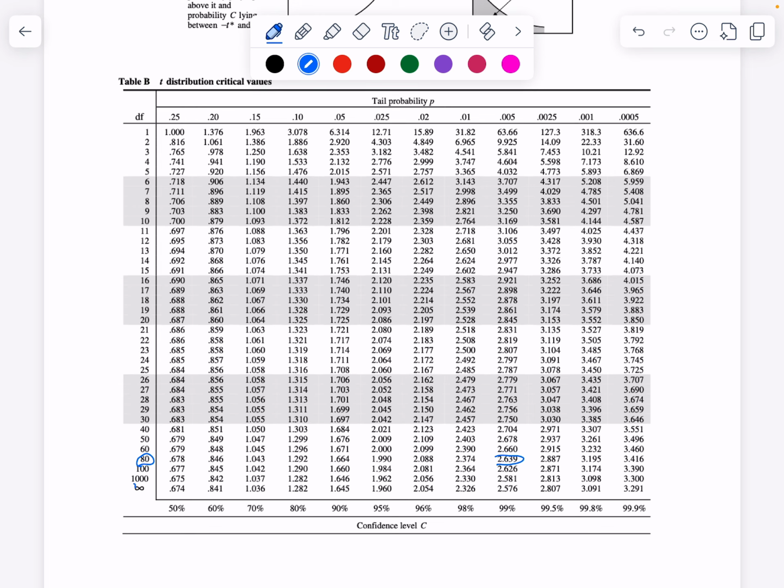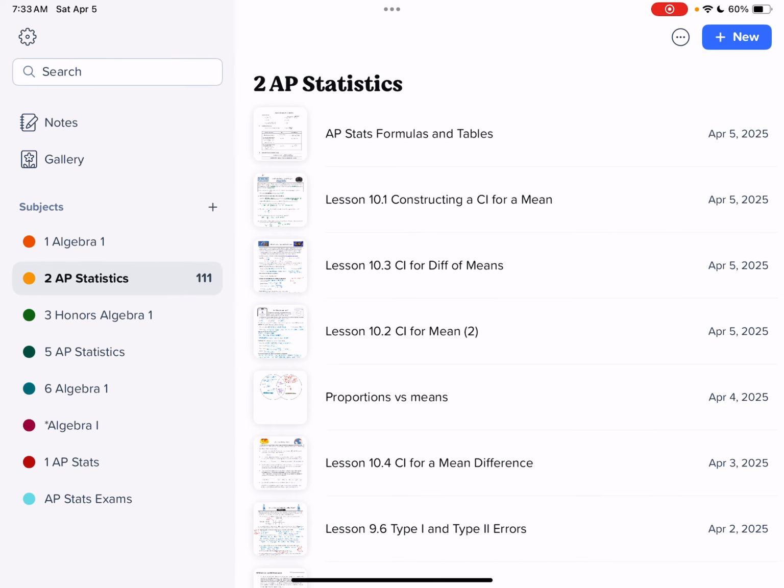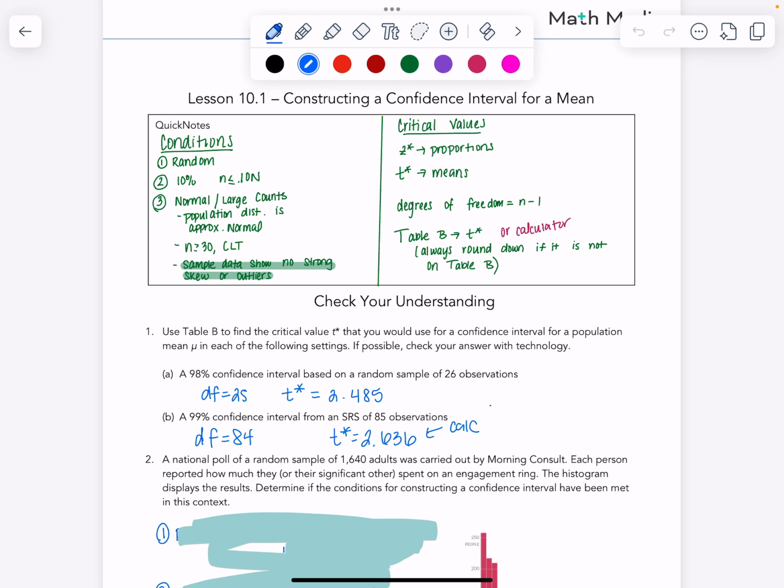And with 99% confidence, it's 2.639. So either value would be acceptable, and you can choose which one you want to use.